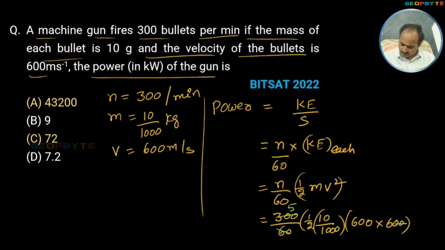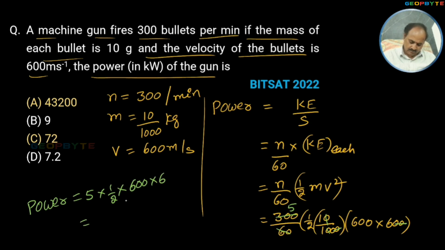Here 2 zeros and this 0 also cancelled. Finally, power P equals 5 into 1 by 2 into 600 into 6. It is equal to 30 into 300, which equals 9000 watts.